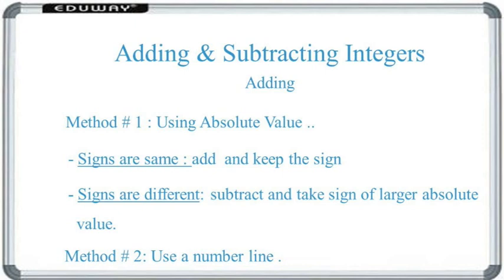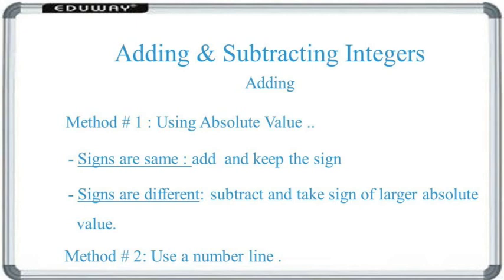Adding and subtracting integers, I'm going to start off by showing you how to add integers. There are two methods that are typically taught. The first method that I'm going to point out is using the absolute value. To add integers, you want to keep in mind two rules.